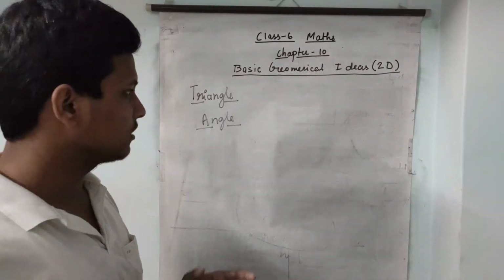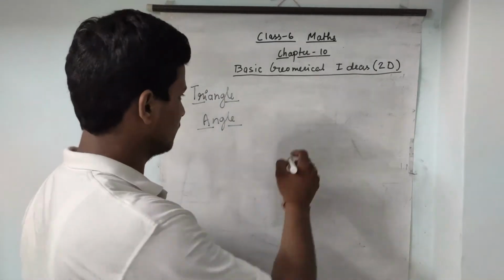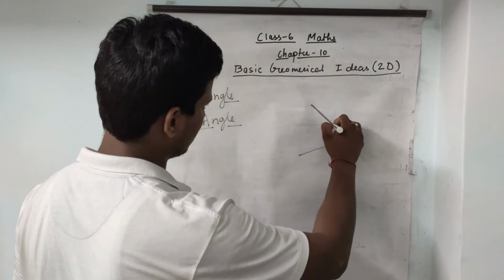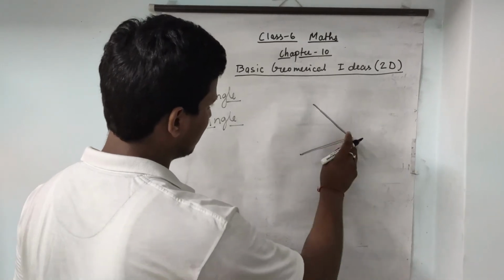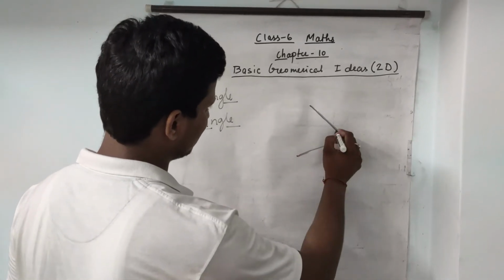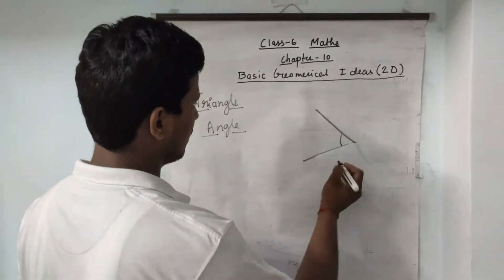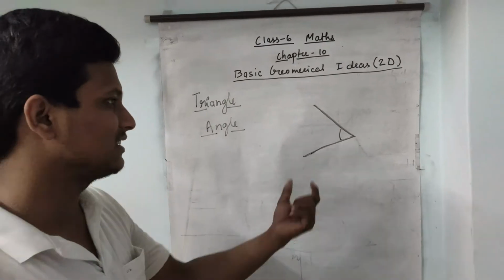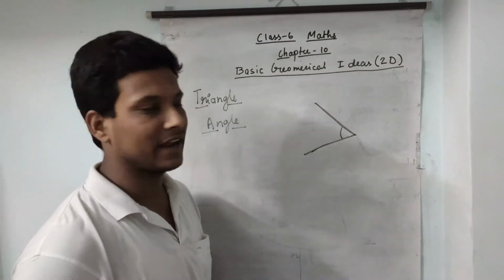An angle is a figure that joins two adjacent sides, and between these two adjacent sides the angular distance is called an angle.